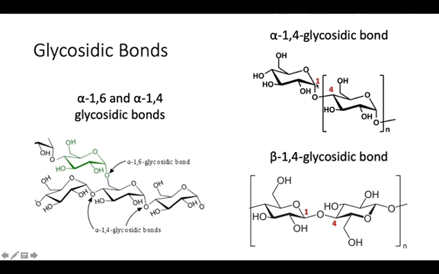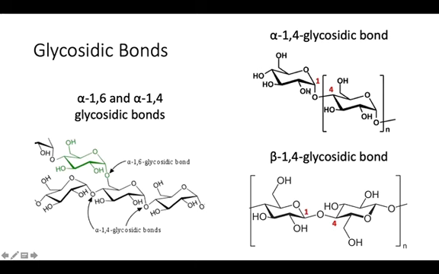So it connects carbon 1 of this molecule of glucose to carbon 4 of this molecule of glucose, and so it's known as a 1,4 bond. And for this carbon atom number 1, it's pointing downwards, so the hydroxyl group is in the alpha configuration. If it were pointing upwards, it would be in the beta configuration. So this is known as an alpha 1,4 glycosidic bond.